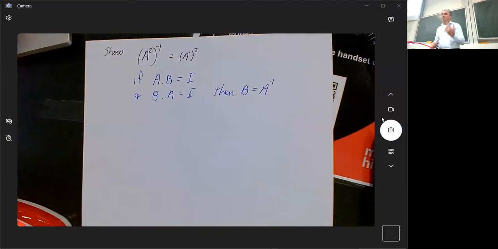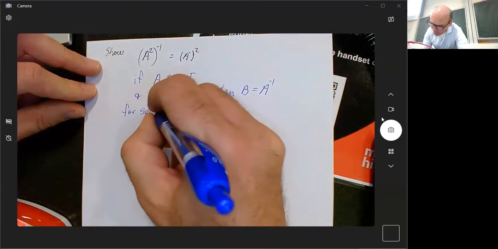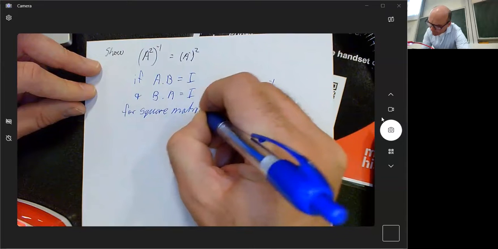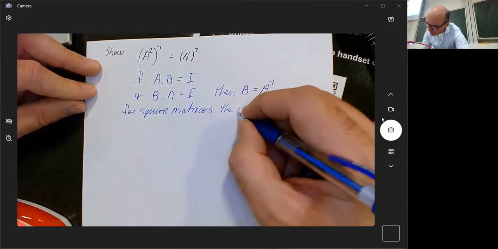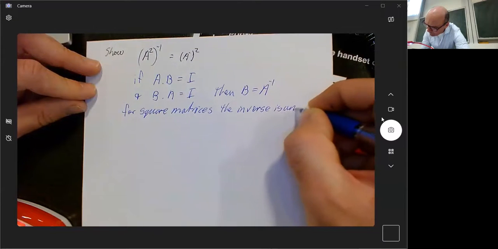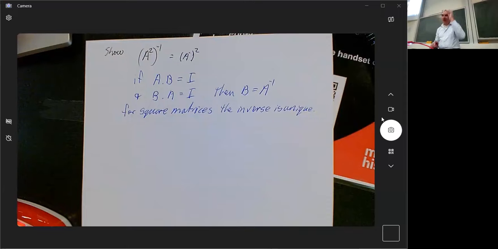So for square matrices, the inverse is unique. There is only one matrix that will do this.